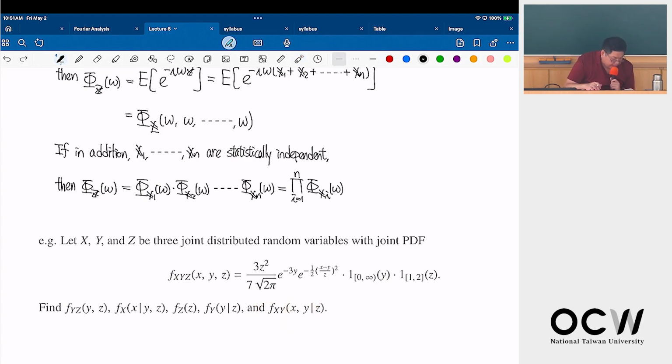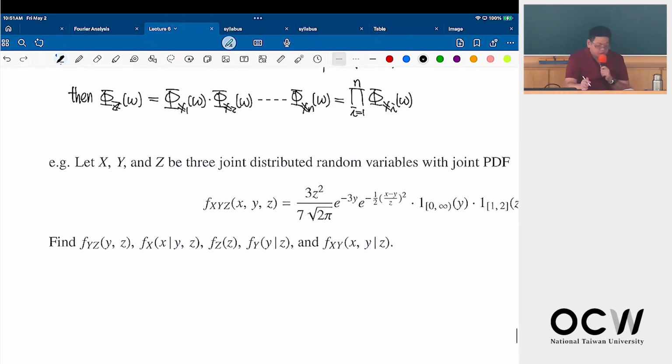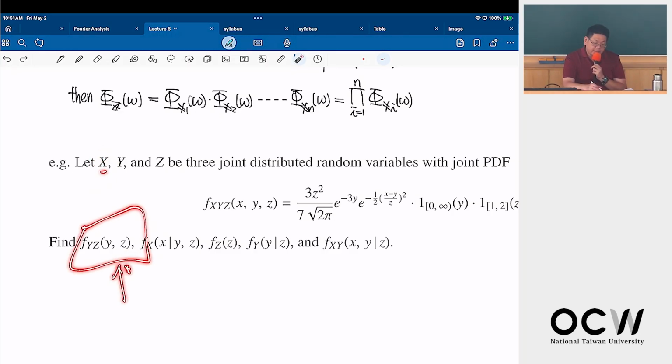So first, let's find the joint PDF of yz. That means I don't want x, so you can think of this as a marginal PDF. I will integrate x out.